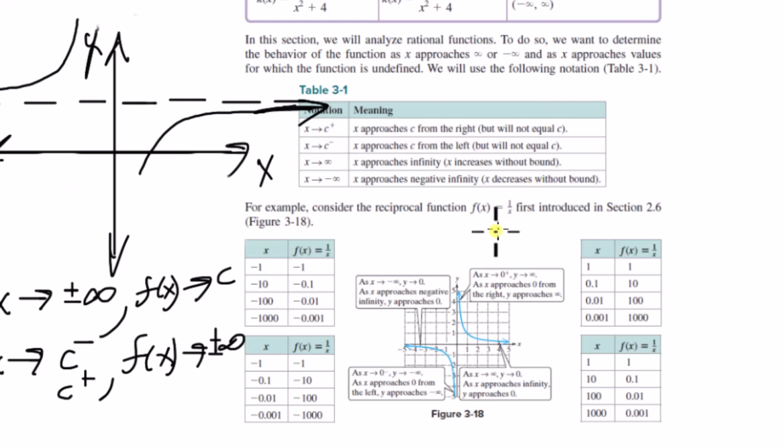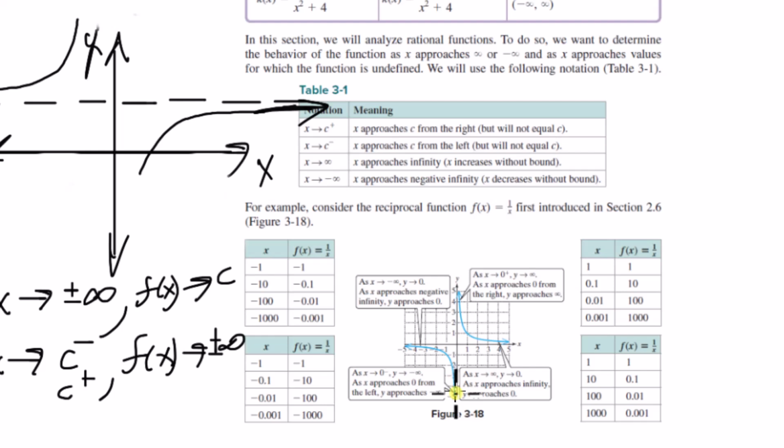And what we can see is that coming from the right, x is going to be an extremely small positive number, and since 1 is always positive, the function is going to be approaching the vertical asymptote going to infinity coming from the right. But then coming from the left, x is going to be very close to 0, but from the negative side. Positive 1 divided by a tiny negative number is going to be negative infinity. So we can see how the function acts as it approaches x is equal to 0.